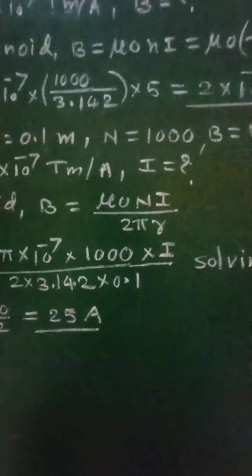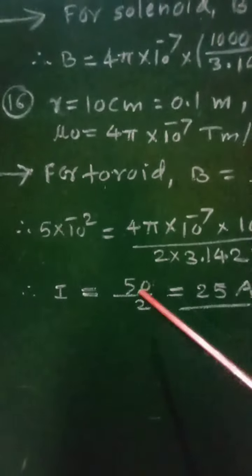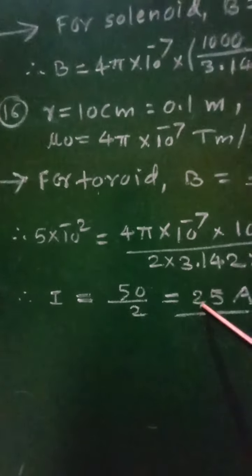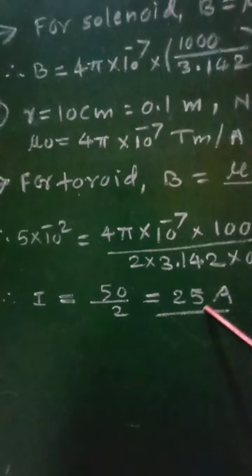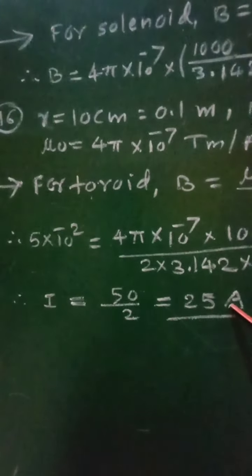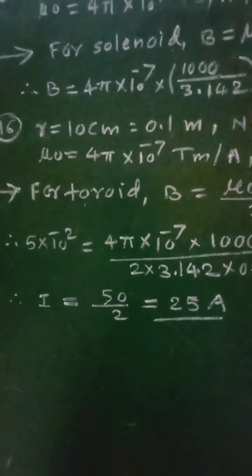Then solving this, we will get I is equal to 50 by 2, that is 25 ampere. This will be the required value of current.